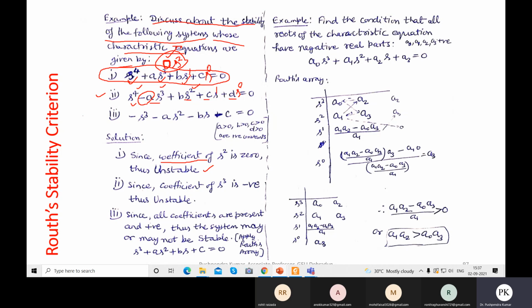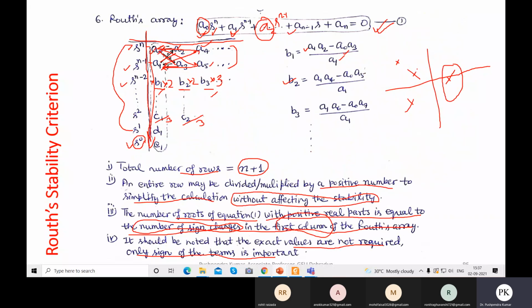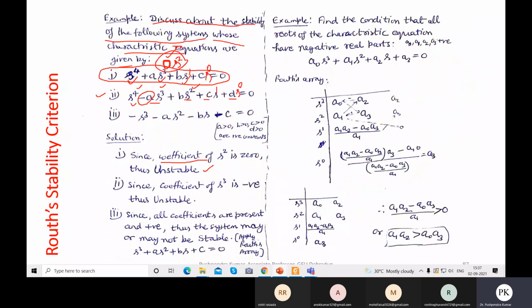According to the necessary condition, all coefficients should be positive. Since one coefficient is negative, the system is unstable.